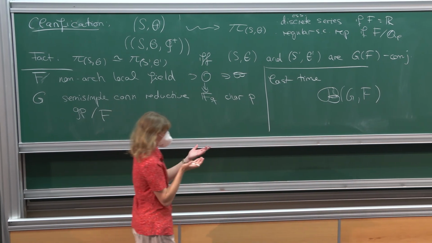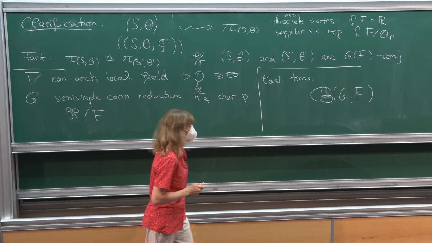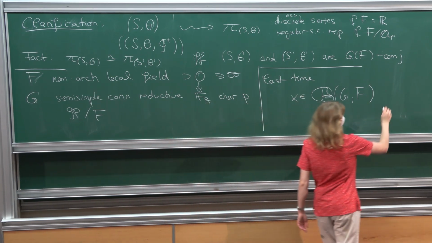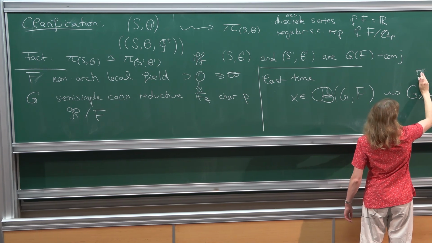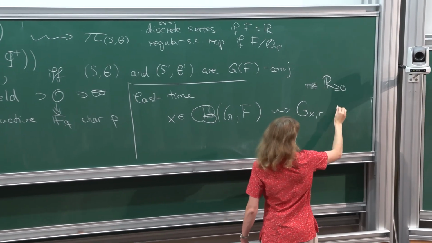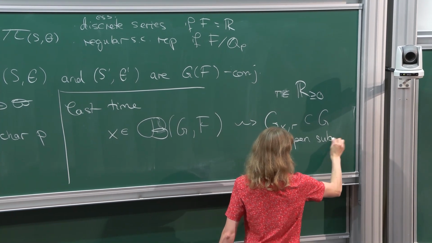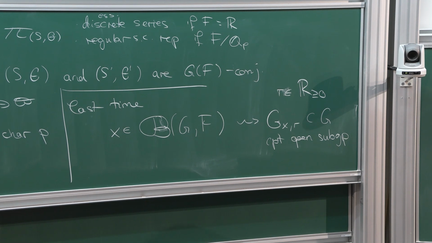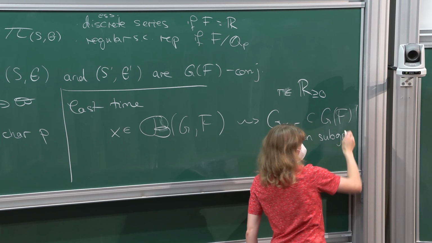I told you how to give data that parameterizes points in here. And then once we've chosen the point, we obtained from there the Moy-Prasad filtration, G_{x,r} for r being some non-negative real number, which was a compact open subgroup. And so today we want to use these compact open subgroups to study the representations of the group G(F).